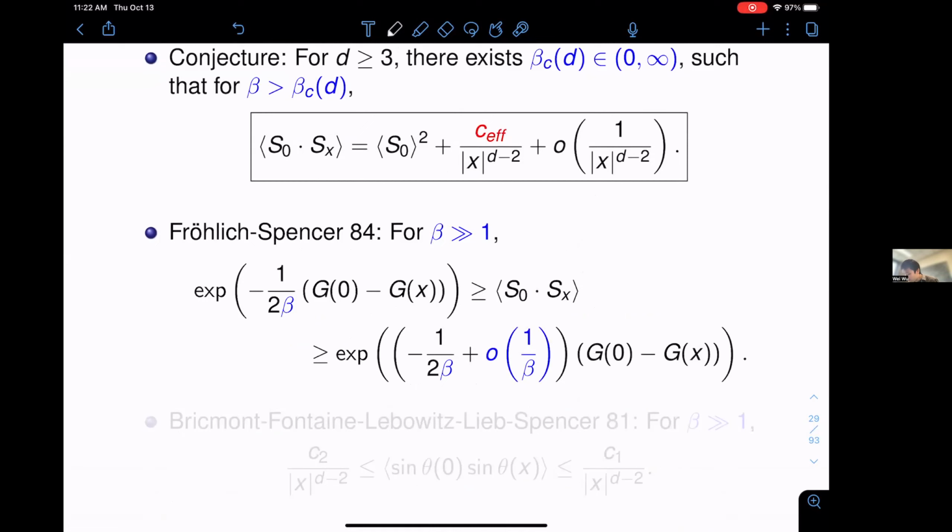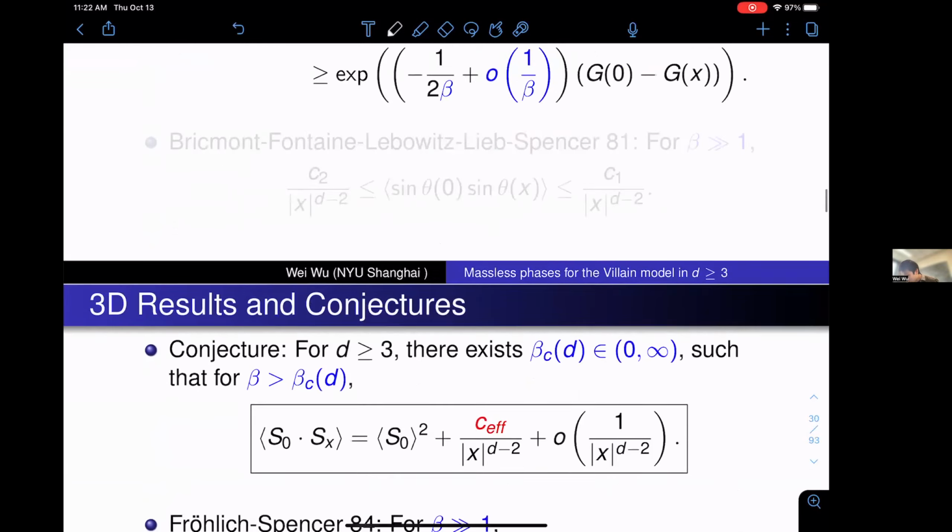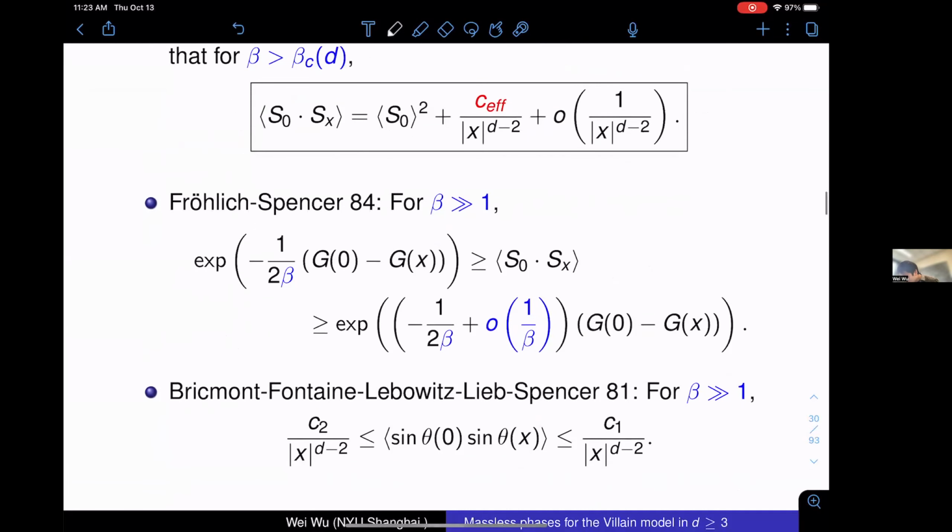For example, using a similar technique to what they did in 2 dimensions, Froelich and Spencer have this upper and lower bound of the 2-point function in terms of these Gaussian quantities. And then there is the work at very low temperature for the transversal spin-spin correlations, which is also very nice.